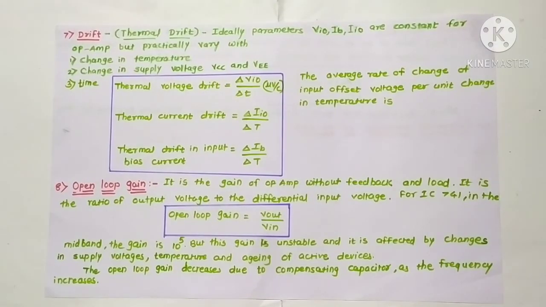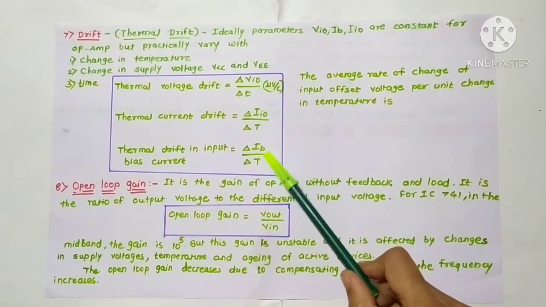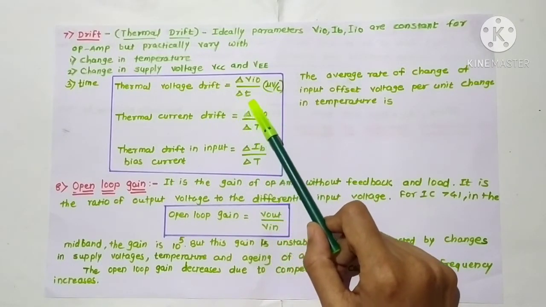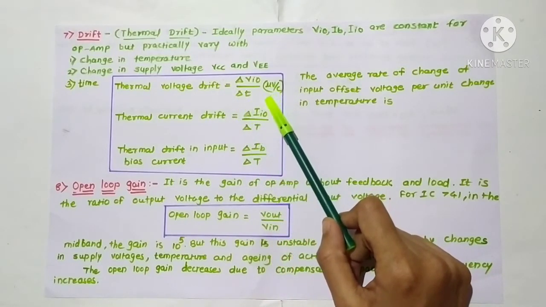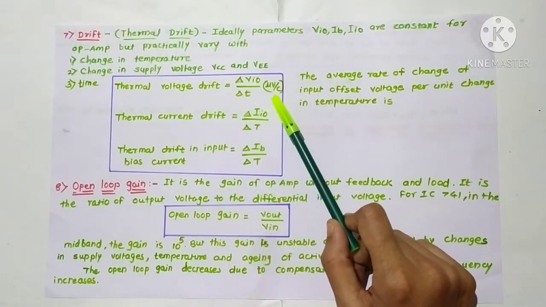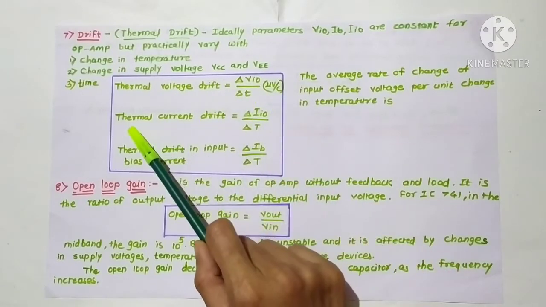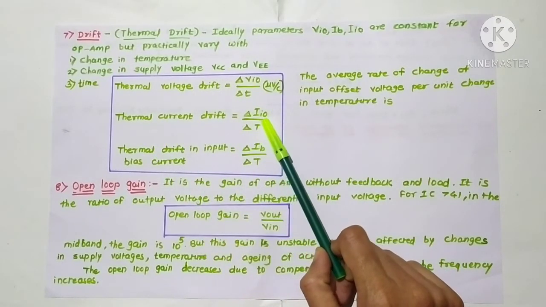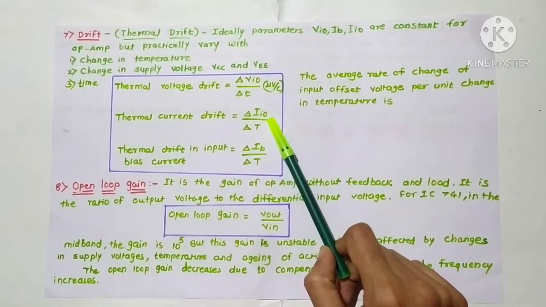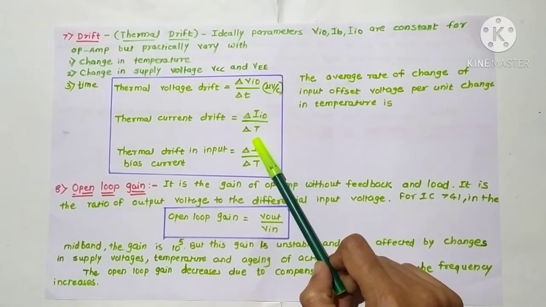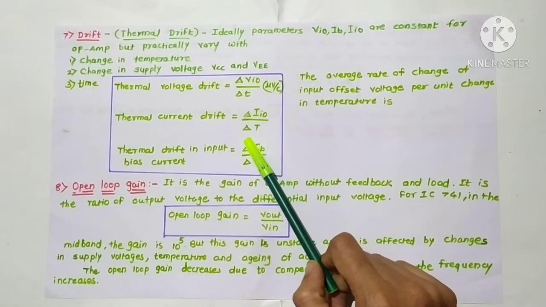You can see all these three different equations. Thermal voltage drift is equal to delta VIO upon delta T, and the unit of this thermal voltage drift is microvolt per Celsius. Thermal current drift is delta IIO, that is input offset current, upon delta T, where delta T is the change in temperature.